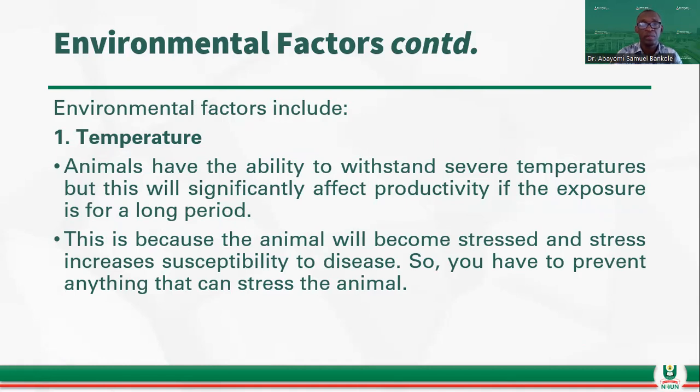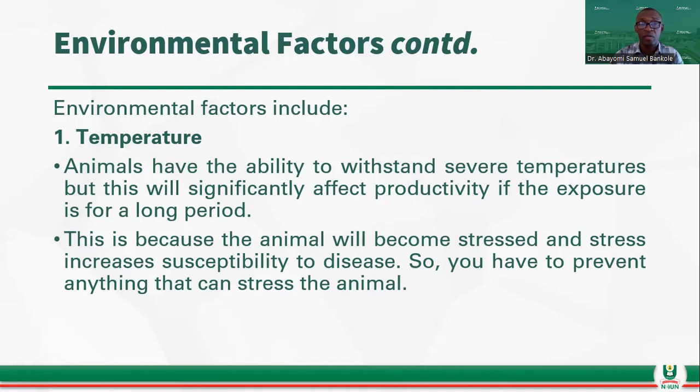Number one, temperature. Animals have the ability to withstand severe temperatures, but this will significantly affect productivity if the exposure is for a long period. This is because the animal will become stressed, and stress increases susceptibility to disease.